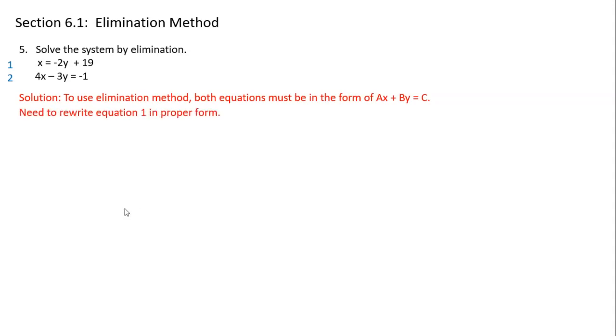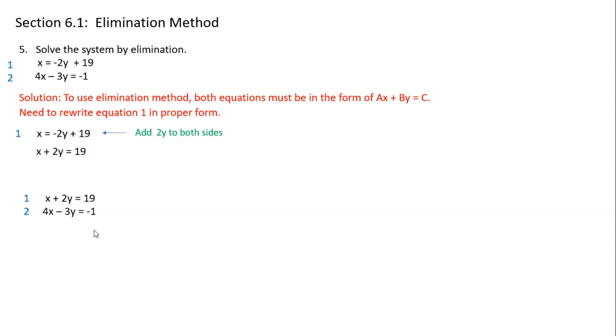So I'm going to take equation 1 and put it into proper form, meaning ax plus by equals c. To do that, all I have to do is move that minus 2y to the left. So I'm going to add 2y on both sides. It's going to give me x plus 2y is equal to 19. And now it's in general form. Now that I have two equations in the same format, I can eliminate one of the variables.